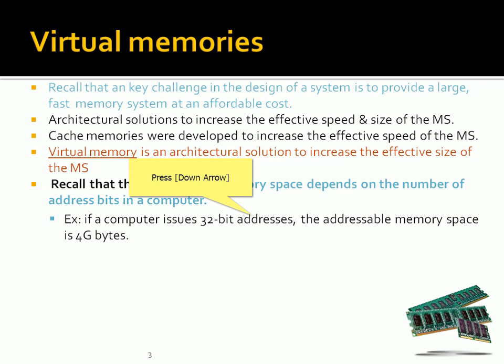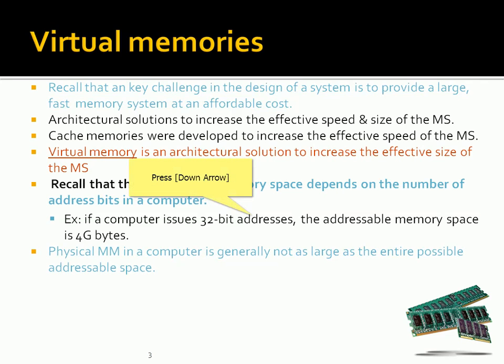If a computer issues a 32-bit address, the addressable memory space is 4 GB, which is computable. Here, the physical main memory in a computer is generally not as large as the entire possible addressable space.